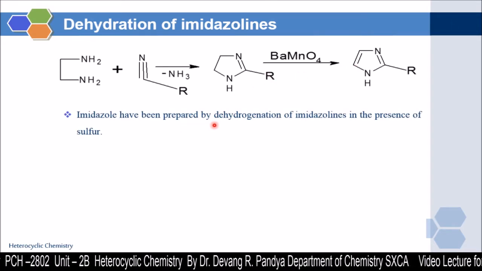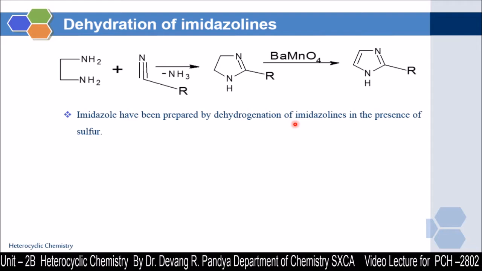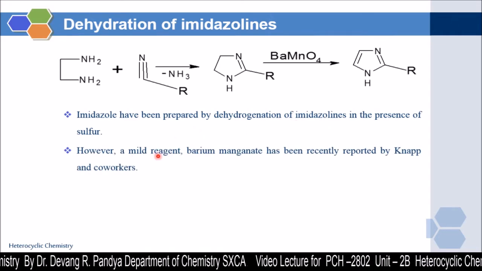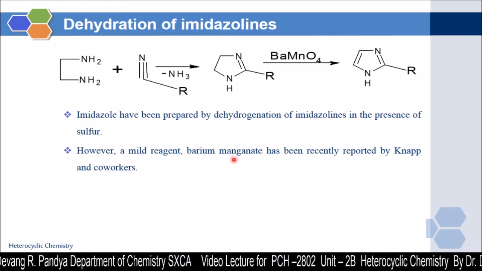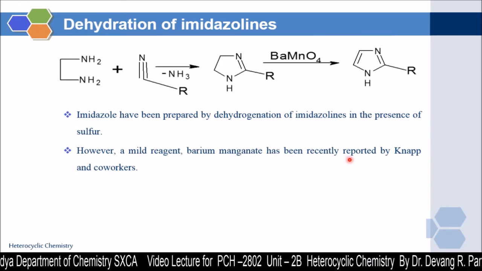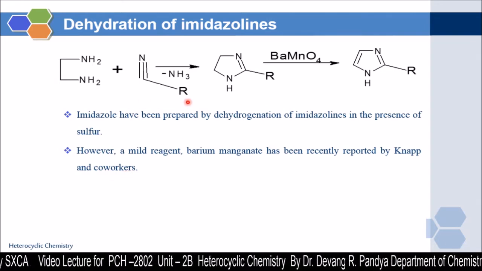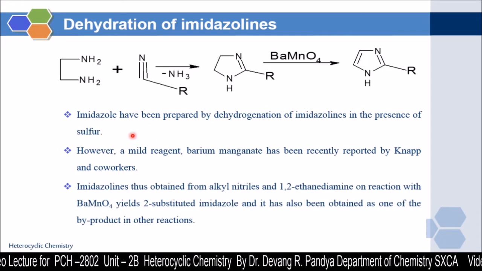Imidazoles have been prepared by dehydrogenation of imidazoline in the presence of sulfur. However, a mild reagent, barium manganate, has recently been reported by Knapp and co-workers. So this is the Knapp synthesis as well.